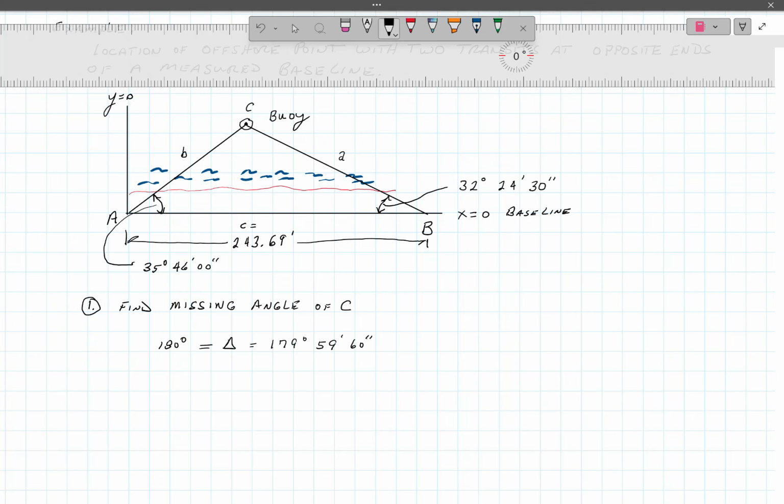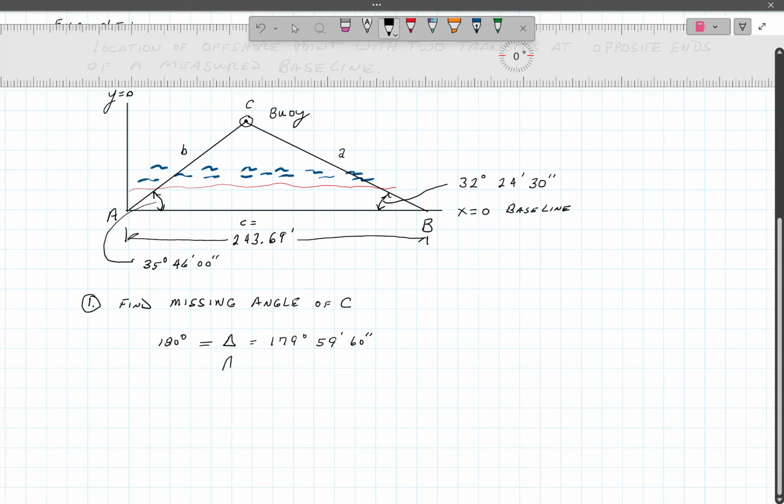Okay, just to save us from having to do some borrowing later on. Okay, now we know A is, let's do this a little differently.